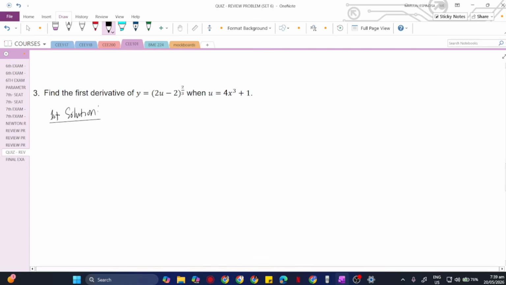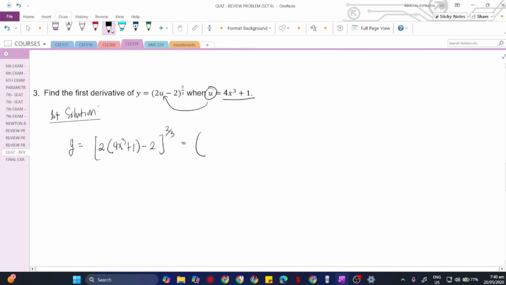So for the first solution, we can just simply substitute u, which is equivalent to 4x cubed plus 1. So that is basically 2 times (4x cubed plus 1), minus 2, and then that is raised to the power of 2/3.